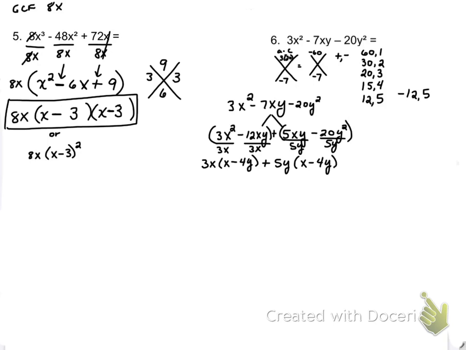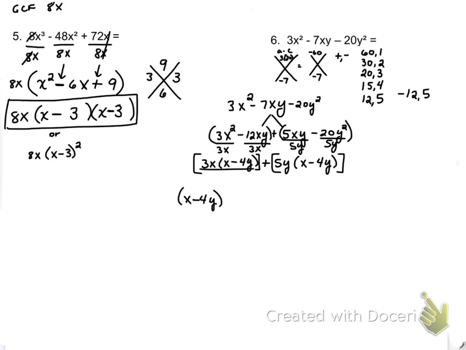And if this is factorable, you're going to end up with those parentheses being the same. Okay? So now we've got two terms. We've got this term and we've got this term. And the common factor that they each have is the x minus 4y. So we factor out an x minus 4y and we put that in front.